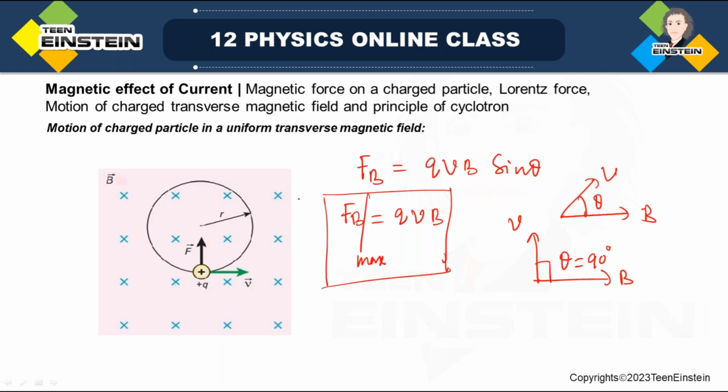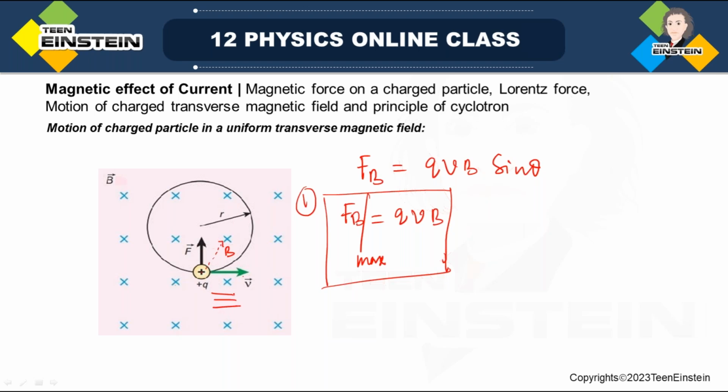One point to note here. Second thing, magnitude is done, but what will be the direction? According to my right hand thumb rule, what will be the direction of the magnetic force acting on the charged particle? Suppose this is my magnetic field, into the plane of the paper. Now if you apply v cross B, stretch your four fingers like this and then curl them, you will see your thumb directs towards the center, towards this way.